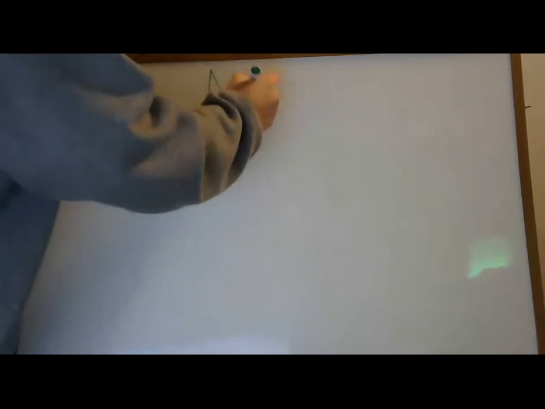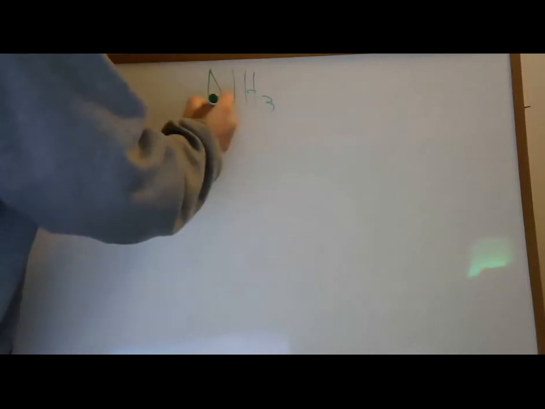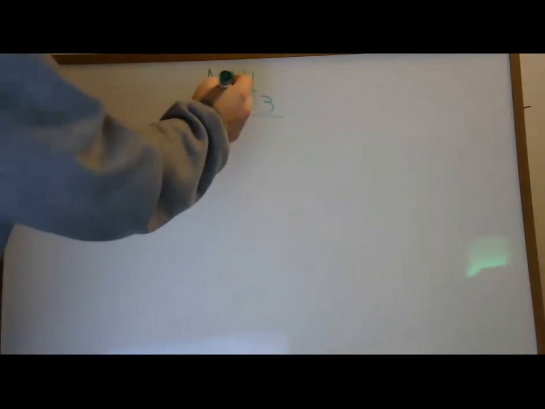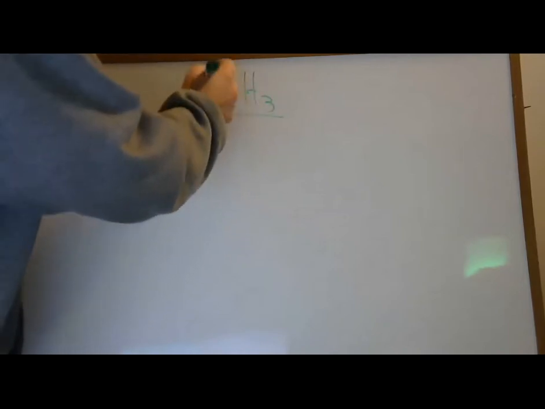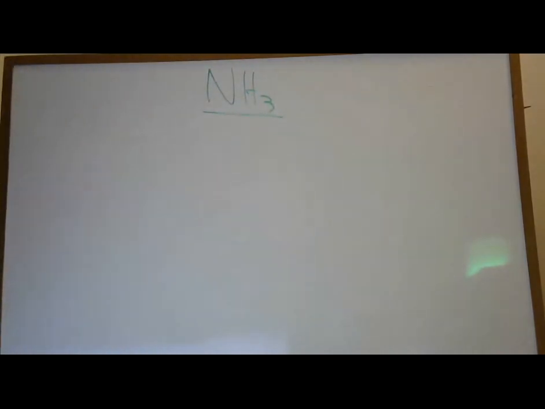So NH3, trying to draw a Lewis dot structure. I want you to do this along with me if you've got a pen and paper, so I'll take my time. So the first thing we do is find how many valence electrons. So nitrogen, where is nitrogen?